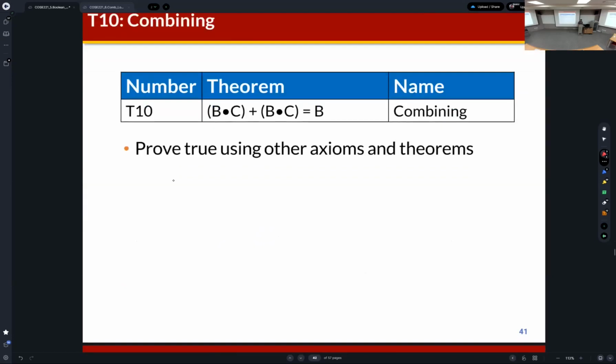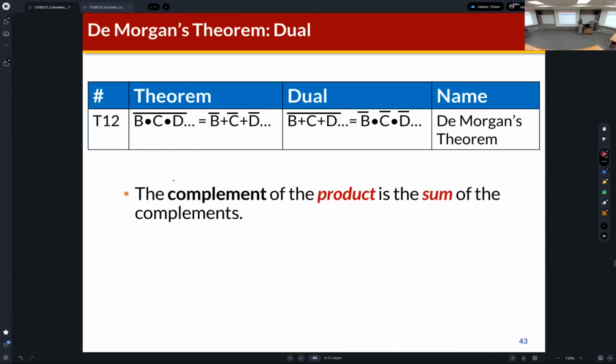And then I also explained the Morgan theorem. I said this is an important theorem because the Morgan theorem is the unique theorem in Boolean equations. It means that we can change this AND gate into an OR gate, but the output is changed to the negation, the inversion of the input.